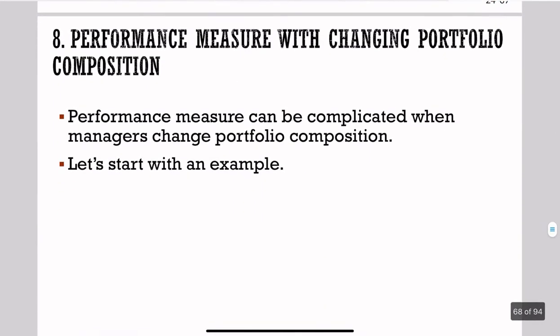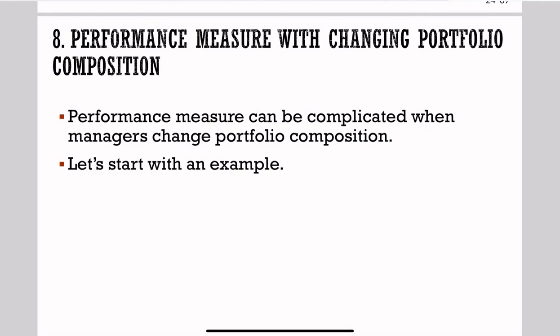Okay, now let's talk about an interesting topic, which is the performance measure with changing portfolio composition. So previously we defined several performance measures. The implicit caveat for using those performance measures is they are more accurate when you have a constant portfolio composition.